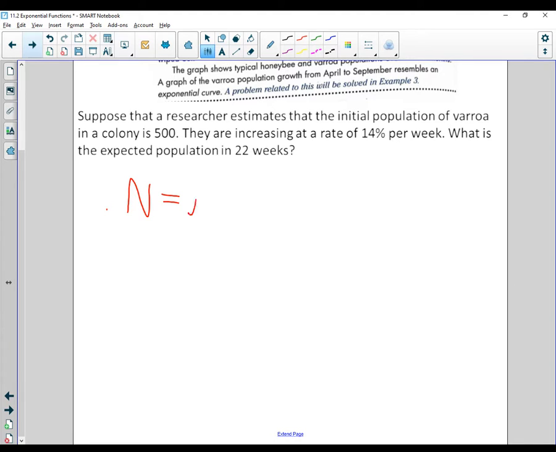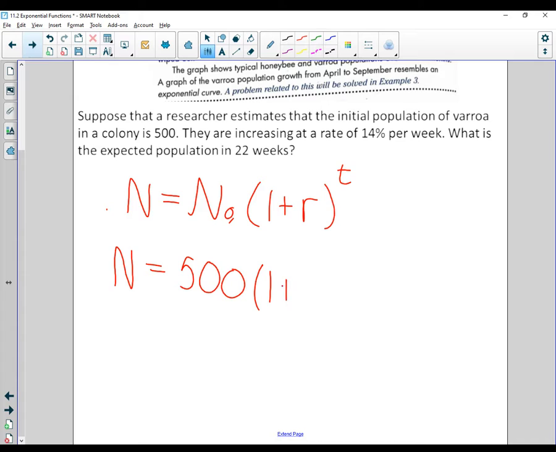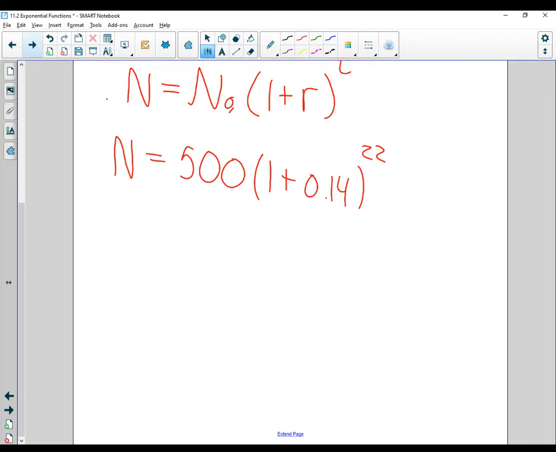N equals our initial, N naught, which is 500. There's initially 500 of them. 1 plus, it's increasing, so plus the rate of 14% per week. And we want it for 22 weeks. So really we just have to do 500 times 1.14 to the 22.